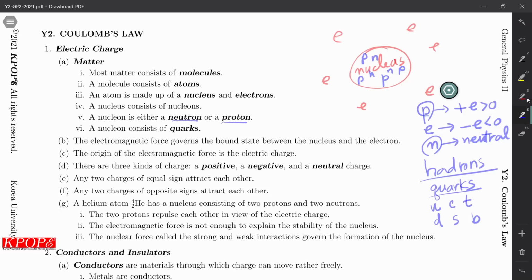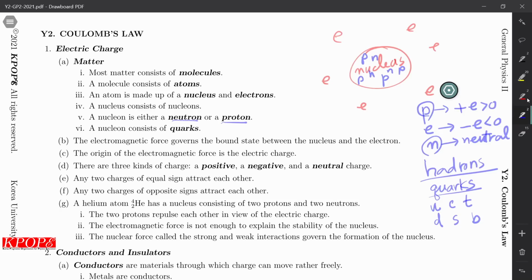The nucleus is composed of protons and neutrons, protons are positively charged and electrons are negatively charged. Electric charges of equal sign repel each other, and charges of opposite sign attract each other.